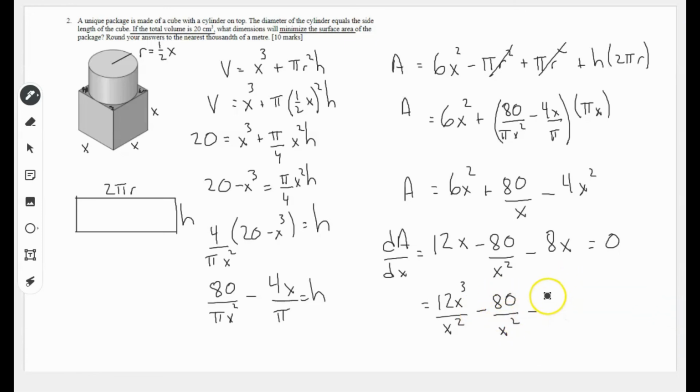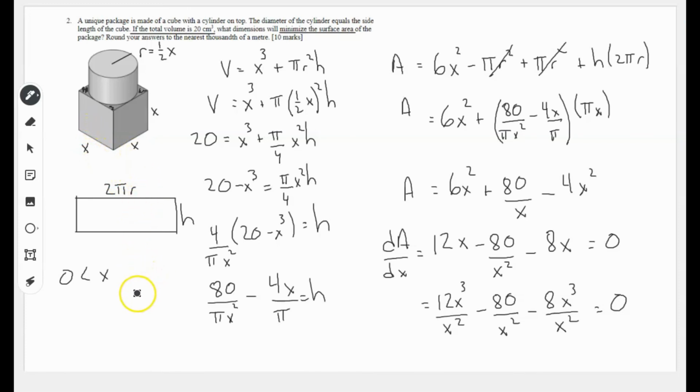And then minus 8x cubed all over x squared equals 0. So since it's all over x squared, and I know x isn't going to be 0, that's not one we care about. In your domain, x is between 0, because if x was 0, that essentially just reduces everything to 0. You don't have a volume at that point.